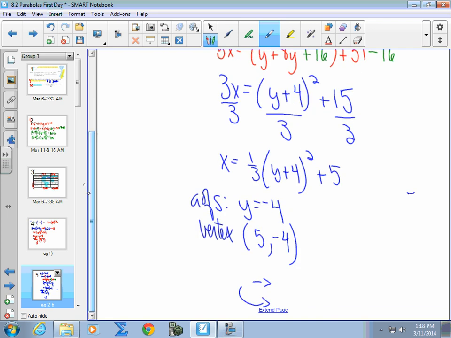Because this is y is equal to negative 4, it needs to go in y's place. And then the direction of opening is to the right, because a is a constant.